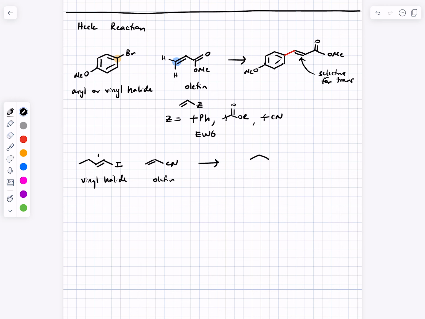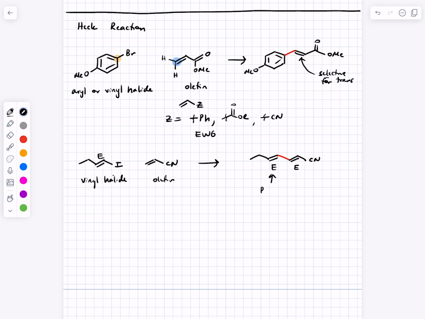And the E stereochemistry of the vinyl halide is going to be preserved in the product. That one is still E. And then new stereochemistry in the olefin portion is also going to be selective for trans.